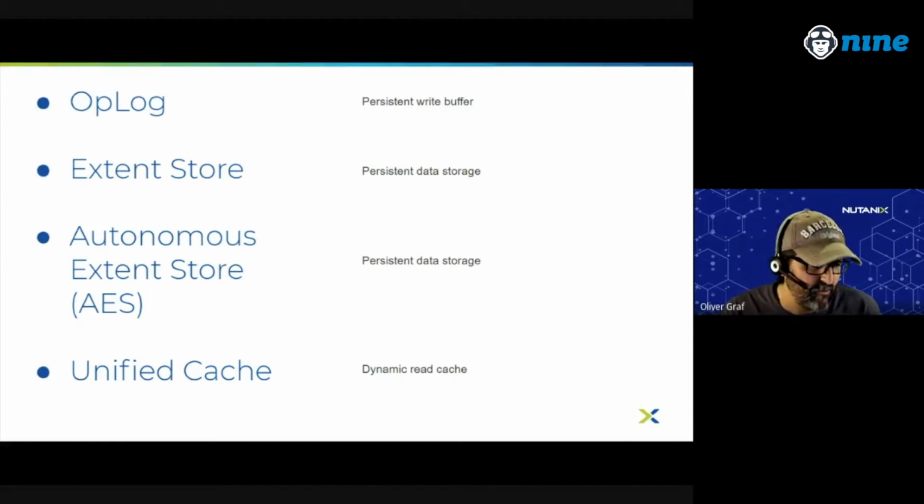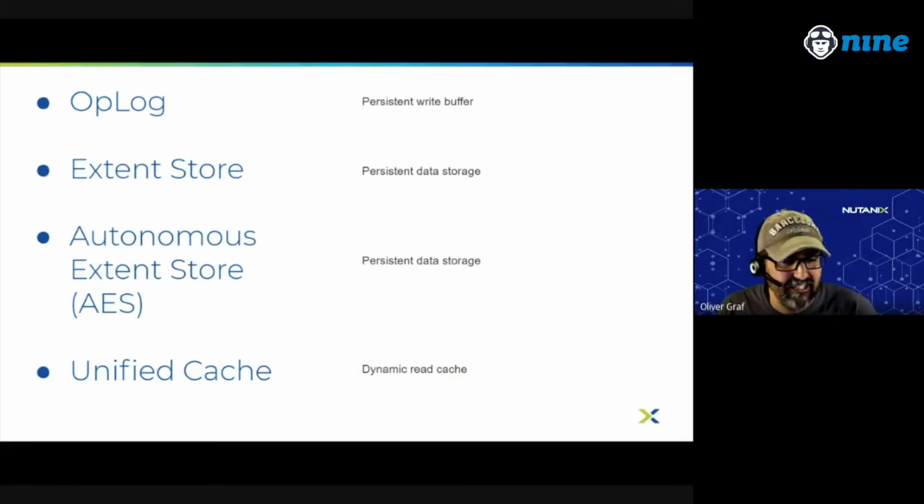The extent store is the persistent bulk storage of DSF and spans all device tiers and is extensible to facilitate additional device tiers, so-called cloud or external NAS storage, for example.